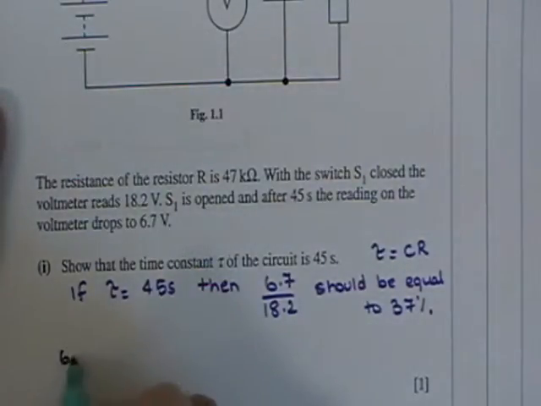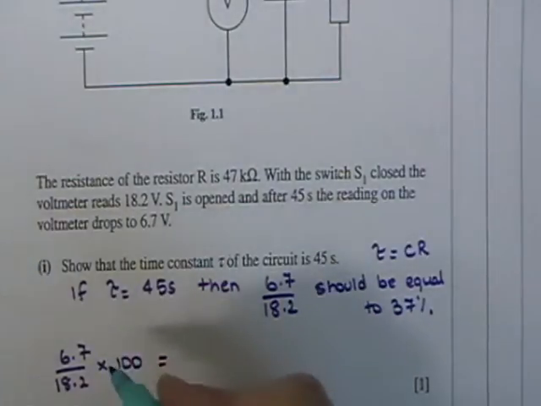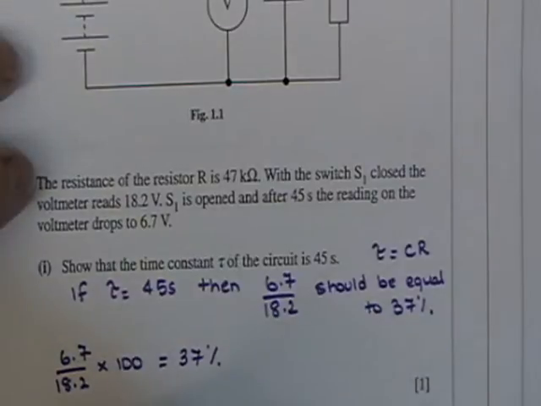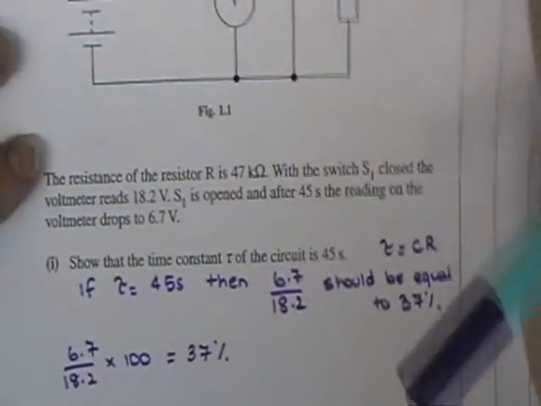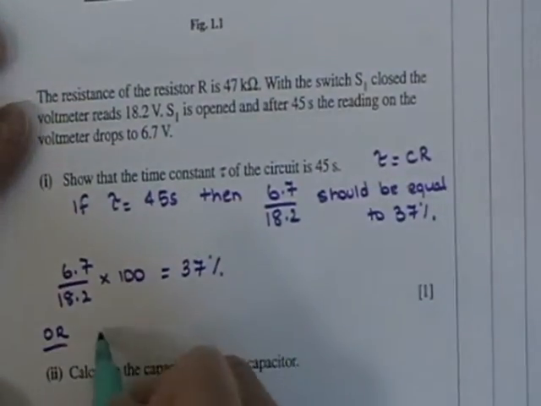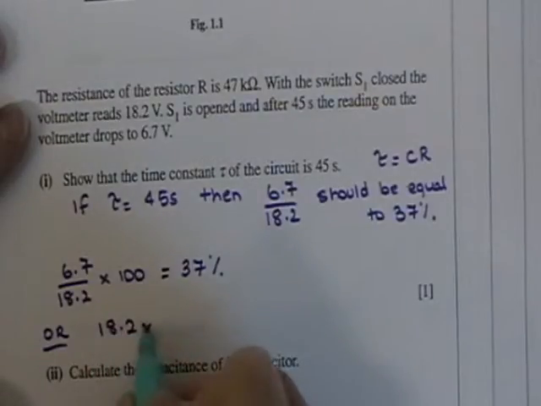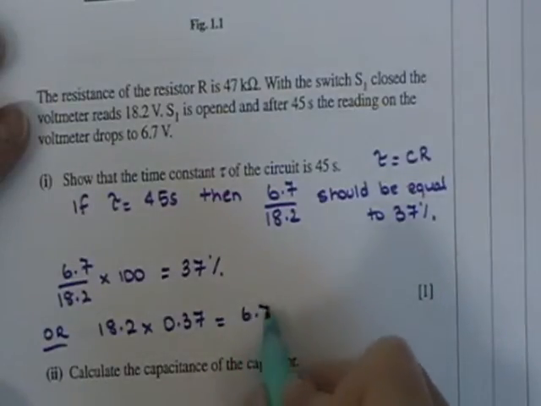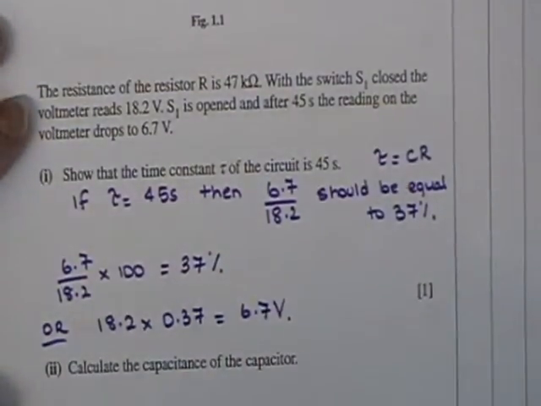Therefore we're just going to check that 6.7 over 18.2 multiplied by 100 does give you 37%. The other alternative is you could take 18.2 and multiply it by 0.37, and that does give you 6.7 volts. So that's two ways you could do that to get your 1 mark.